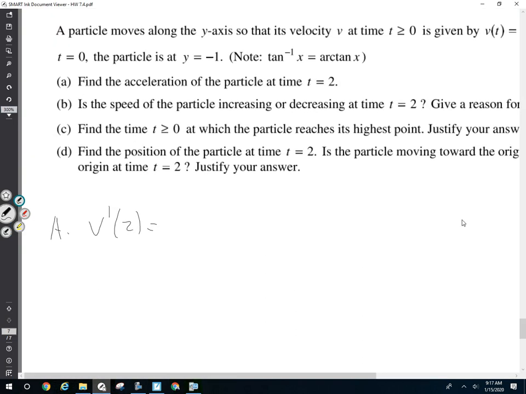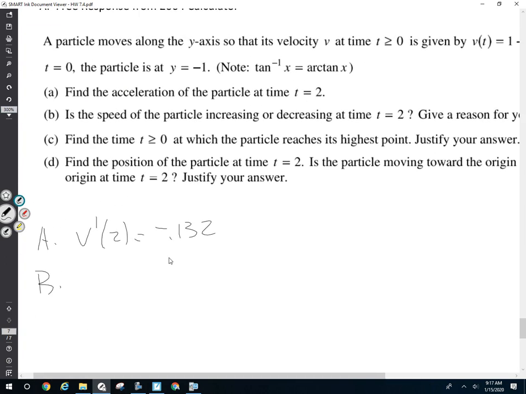Negative 0.132. Part B, speed increasing at t equals 2. Well, I should say a equals v prime. A of 2 equals v prime of 2, which equals negative 0.132.